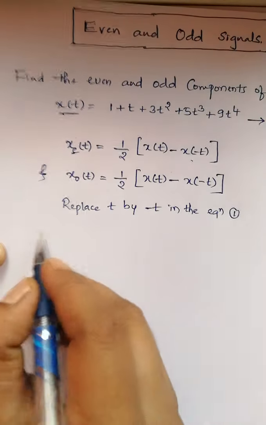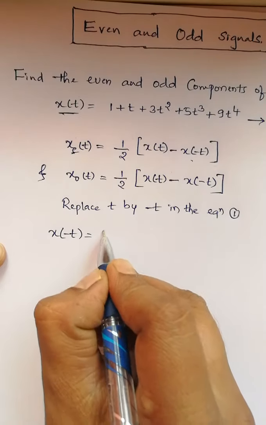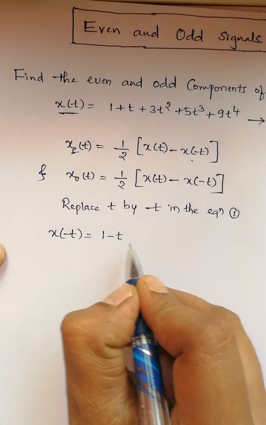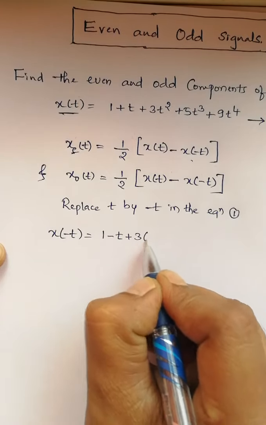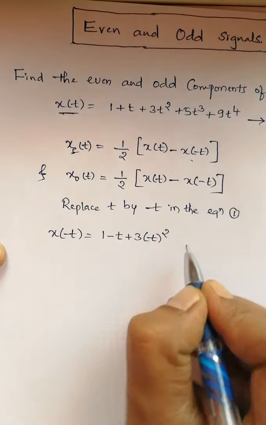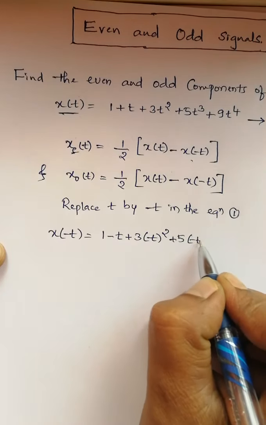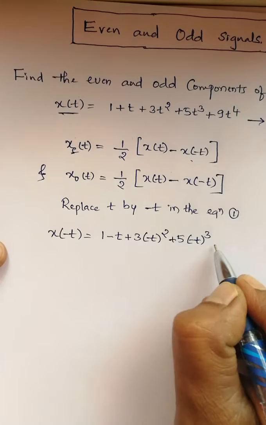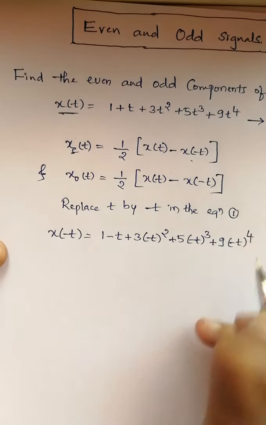So equation 1 becomes x of minus t is equal to 1 plus minus t plus 3 into minus t whole square plus 5 into minus t whole cube plus 9 into minus t to the power 4.